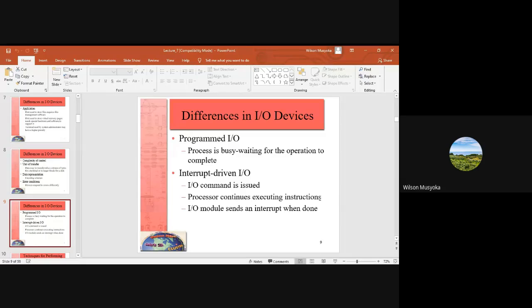But when we talk about interrupt-driven, an input-output command is going to be issued, or an event is going to occur, which will invoke some other activity, so that this input-output device may respond to that interrupt, or to that invocation of an event. So they are of those two types.